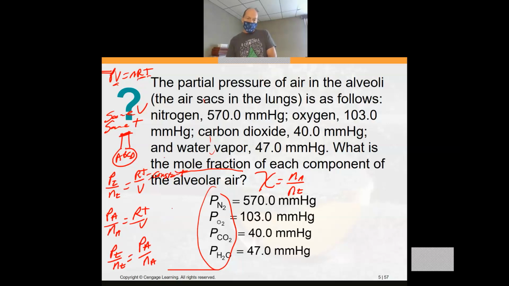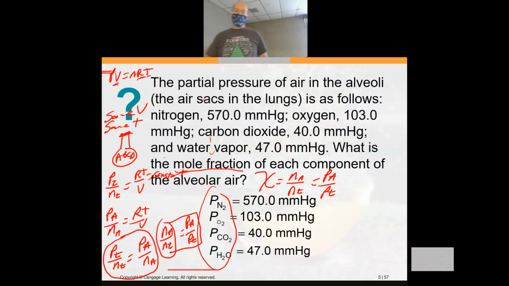Multiply both sides by moles of A, and we have to get rid of the pressure total, so we have pressure of A over pressure total. All I did was take this equation and solve it for moles of A over moles total. And now you see that the pressure fraction is the same as the mole fraction.